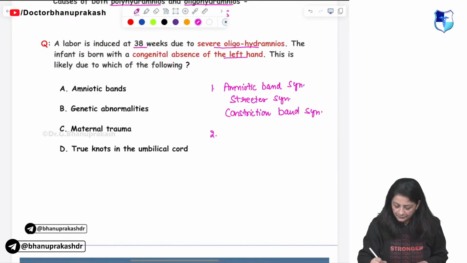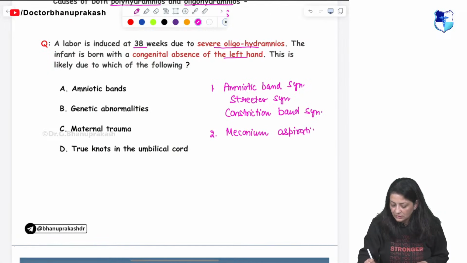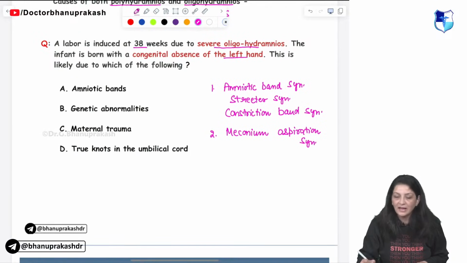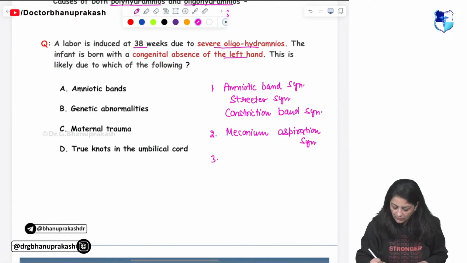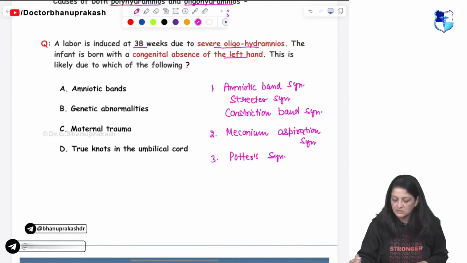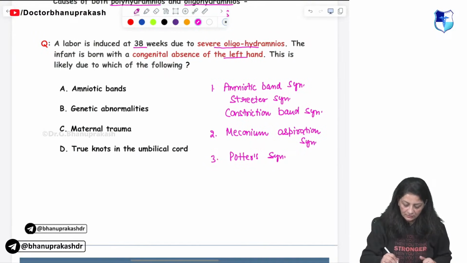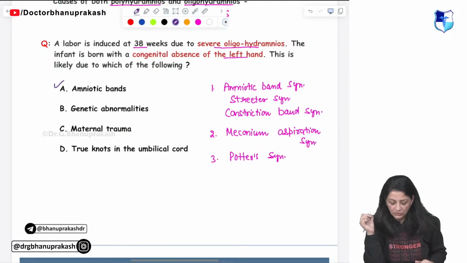Second one, meconium aspiration syndrome. And third one, Potter's syndrome. All these syndromes are associated with severe oligohydramnios. So the right answer here is amniotic band syndrome.